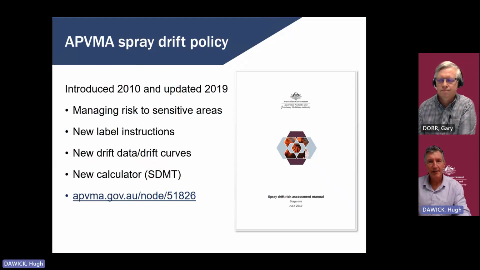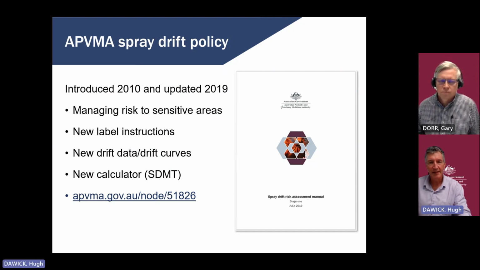So by way of background, the APVMA spray drift policy came into being in 2010, but underwent a significant development with a new policy issued in 2019. And this policy is available in the form of our spray drift risk assessment manual on our website.